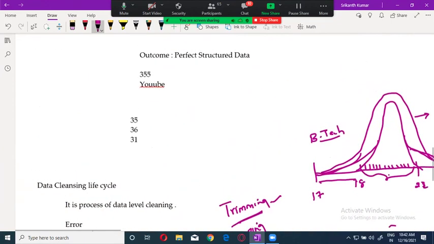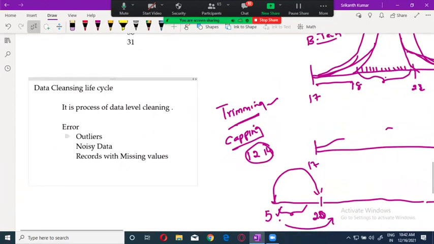Now in this, what is the noisy data? Data which is out of the range is called outliers. Now what is noisy data? It is when you find completely non-relevant data or format.